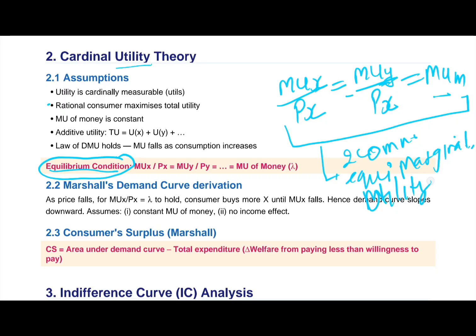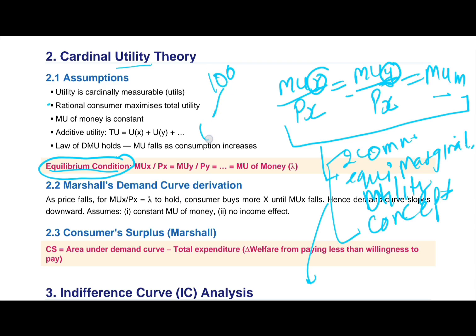concept. It says that for the last rupees spent on the commodity, whatever money is left, either we can spend on x or we can spend on y, it gives the same utility. For example, I have 100 rupees.